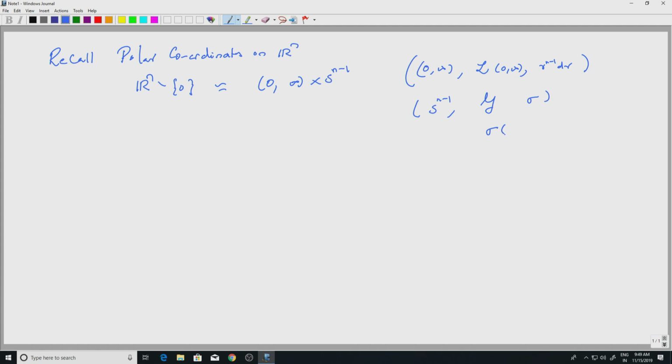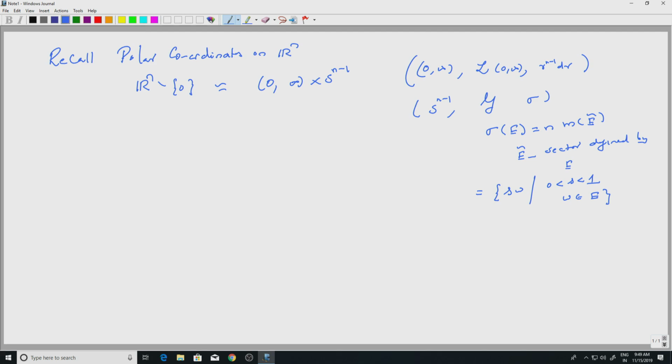Sigma was the measure defined by, if I take a set E, this was n times the Lebesgue measure of E tilde, where E tilde was the sector defined by E. Let me recall that this is simply all those points s times omega, where s was between 0 and 1 and omega was in E. E, remember, is a subset of S^(n-1).